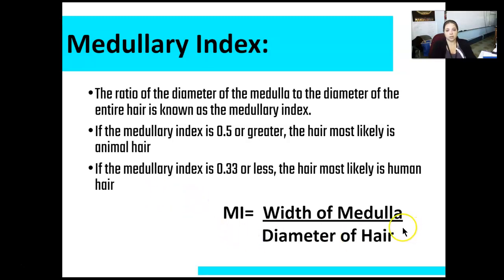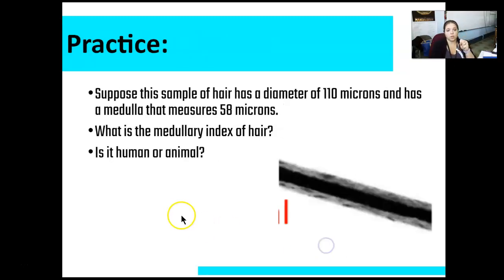Here is the equation for the ratio. The width of the medulla, that's inside the hair shaft, and the diameter of the whole thing. So suppose a hair has a diameter, that means from here to here, of 110 microns, and has a medullary that measures right from here to here, only 58 microns. What is the medullary index of the hair?